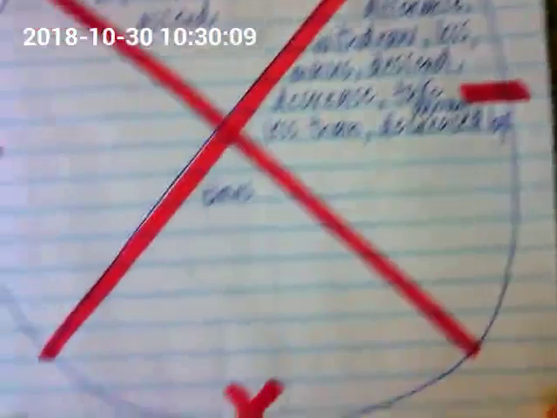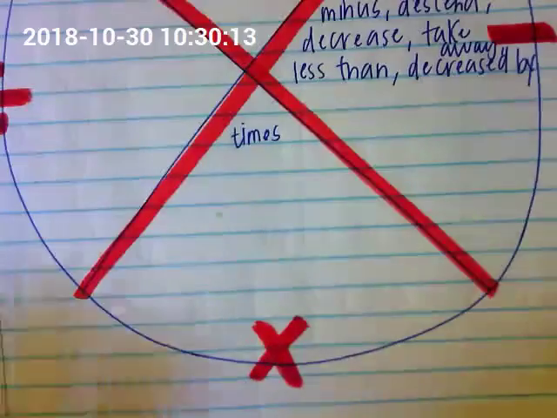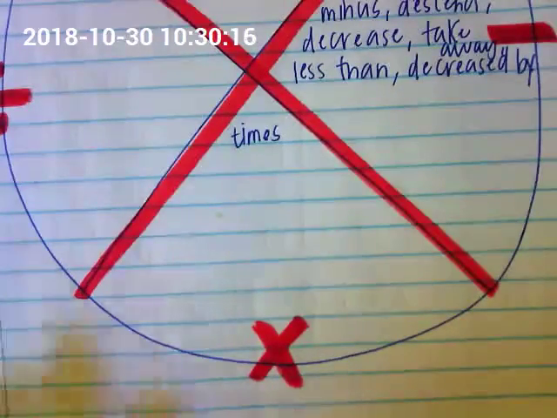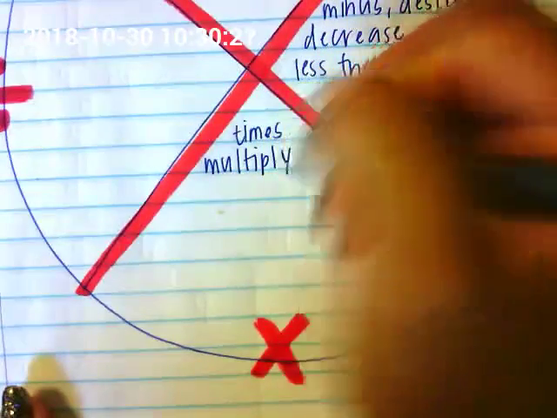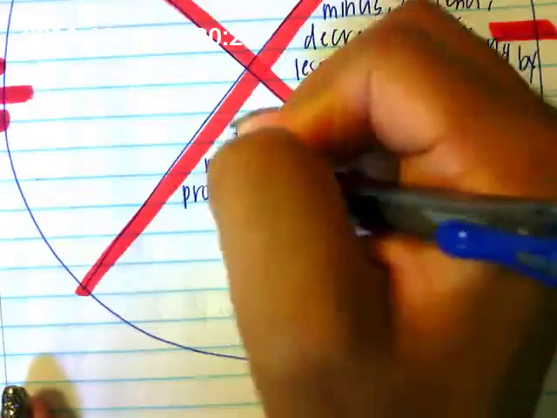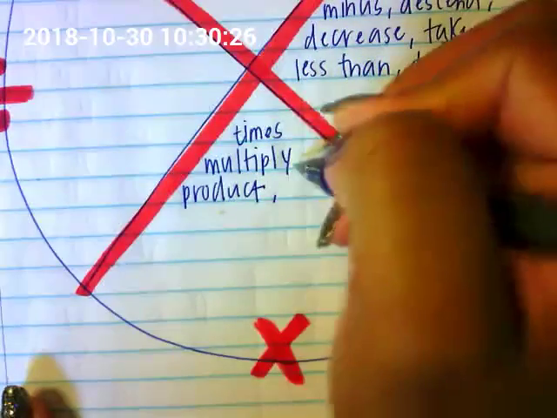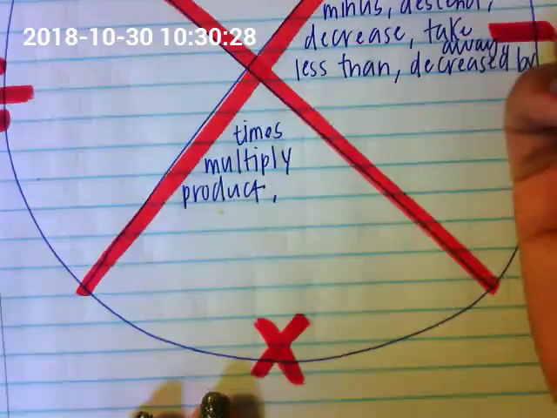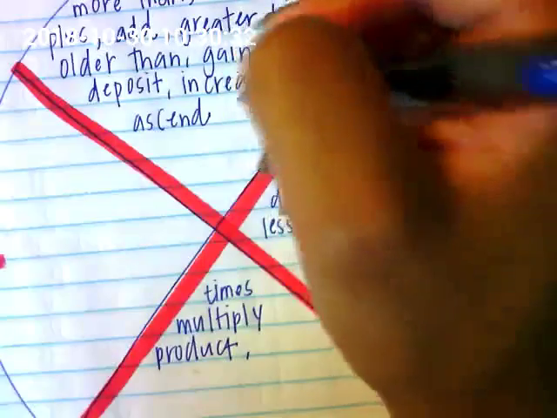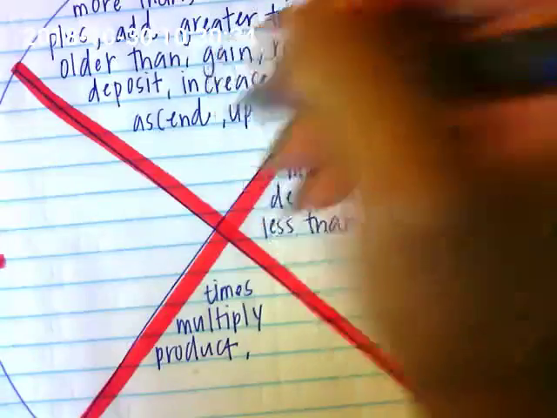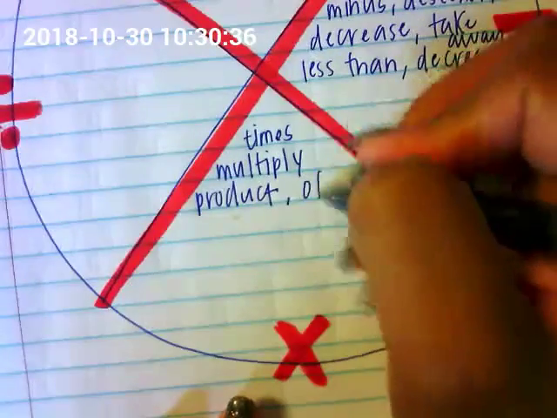All right, let's go on to multiplication. So times, multiply, product, of, yeah.